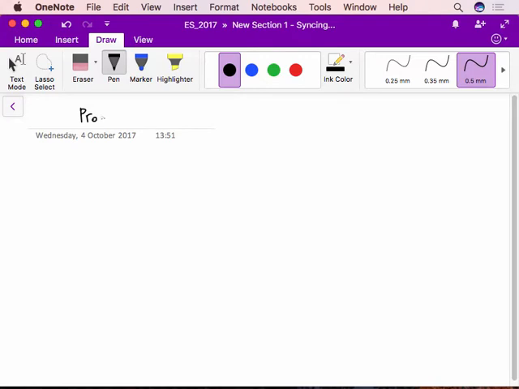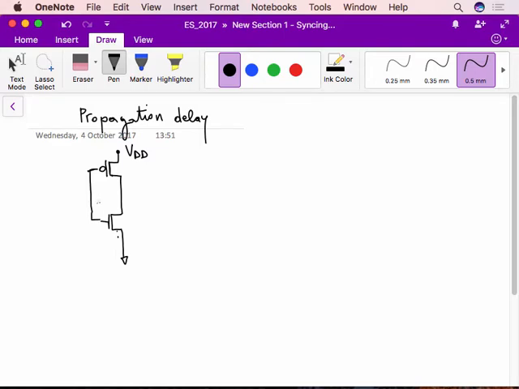So, as I mentioned, we focus on the inverter. And so the circuit we consider is this one. We have a CMOS on top connected to VDD and an NMOS below.